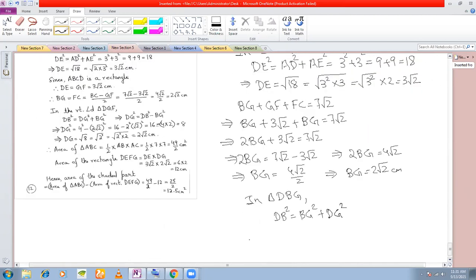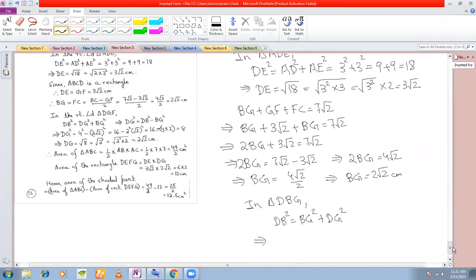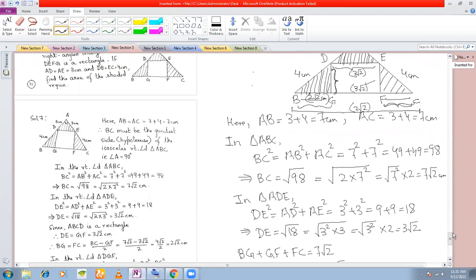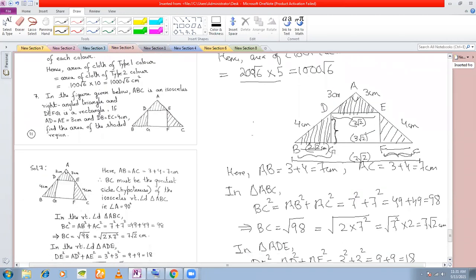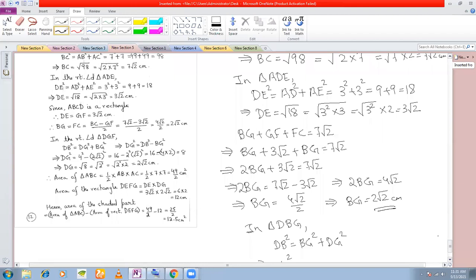Now put the values. DB square is the hypotenuse. If you see in the figure, what is the length of the hypotenuse given? 4 centimeter. So 4 square is equal to BG square. How much have we found out the length of BG? 2 root 2. Here, put it.